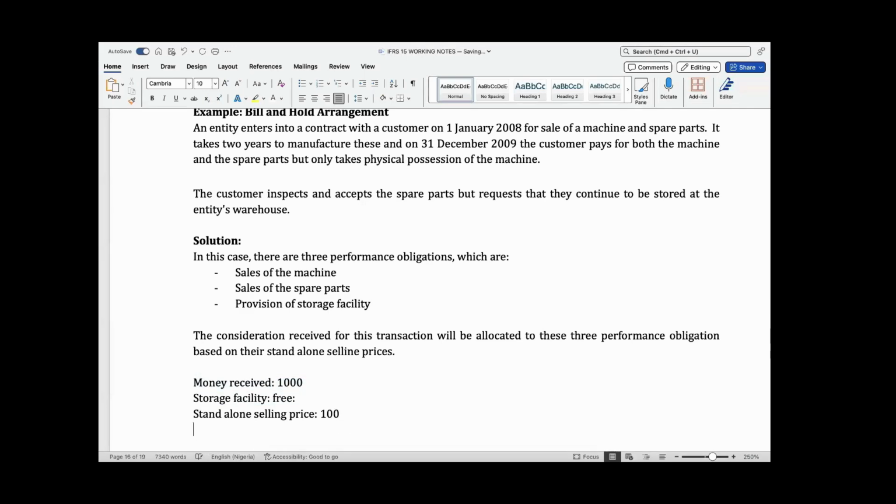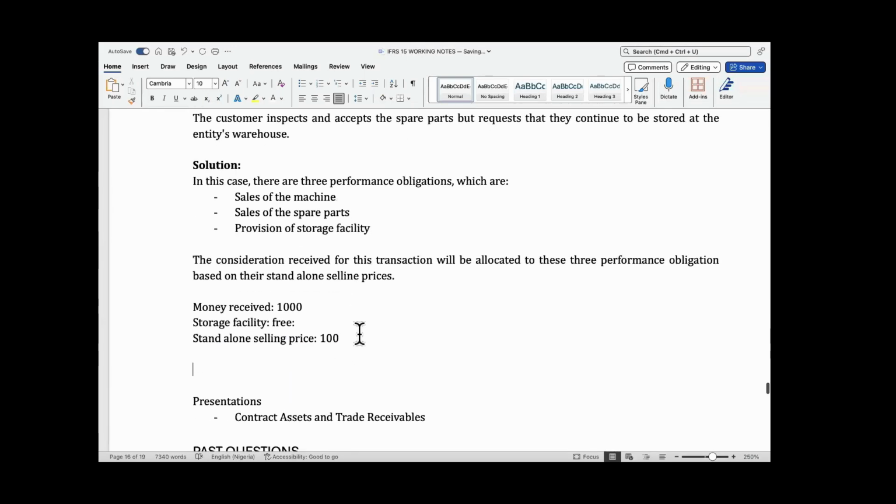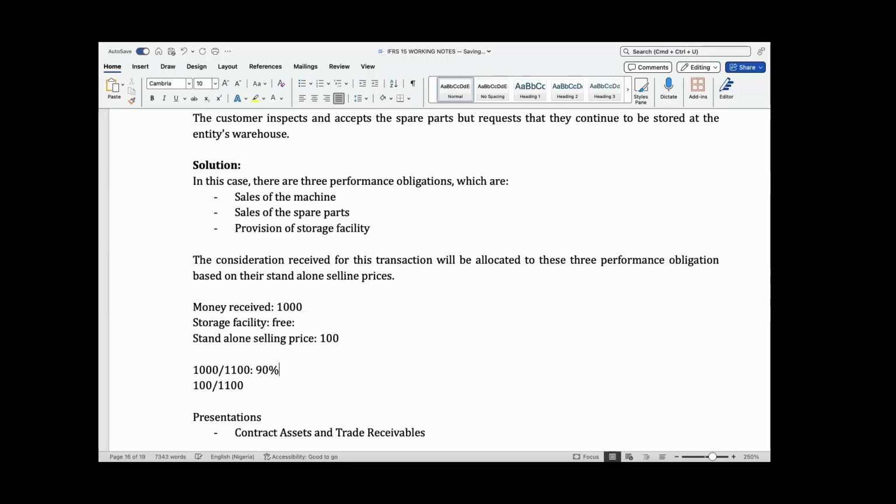And the way you do it is that you will do 1,000 divided by 1,100, and 100 divided by 1,100. You get a percentage. Whatever percentage you get, let's assume, it might be wrong, I'm just assuming, let's say this is 90% and this is 10%.